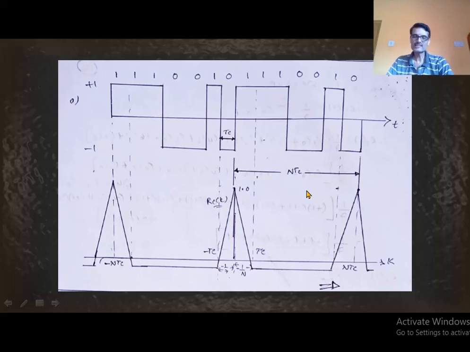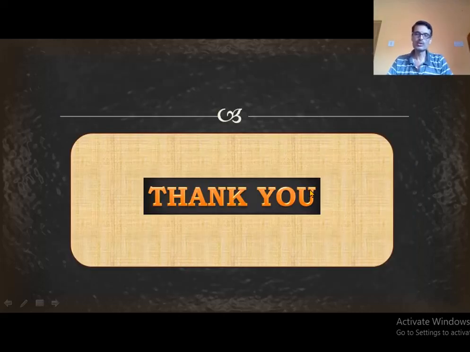Right? So these are the basic concepts of spread spectrum. In this video, I have explained what spread spectrum is: spreading over a large bandwidth and transmitting the signal intentionally with low power so that unauthorized persons are not able to detect your signal. That is the advantage of this.